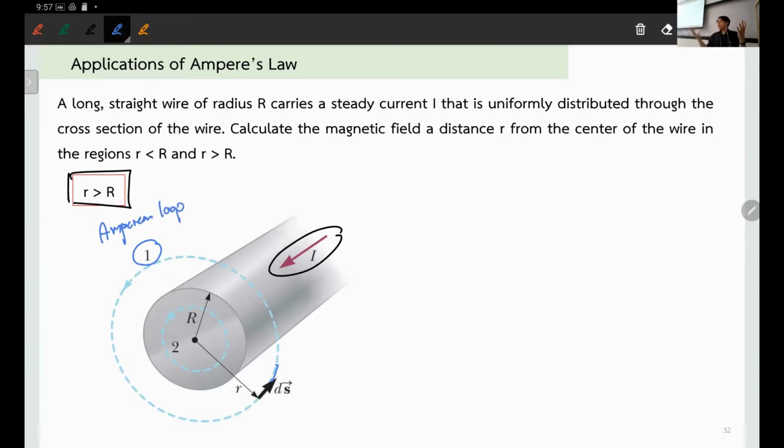That's my Amperean loop. Okay? And I assume that there will be a magnetic field around this. The reason this magnetic field is around is because of the right-hand rule. We say that every current flowing, there will be a magnetic field looping around all the time, right?